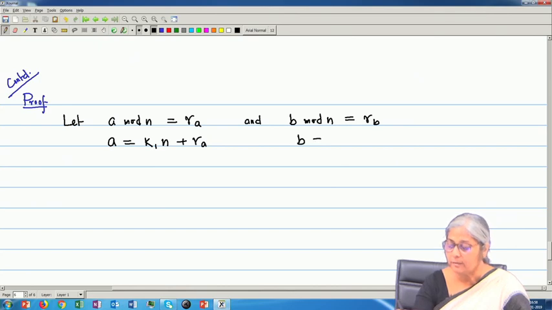Similarly, I can write B equal to k 2 n plus R B.